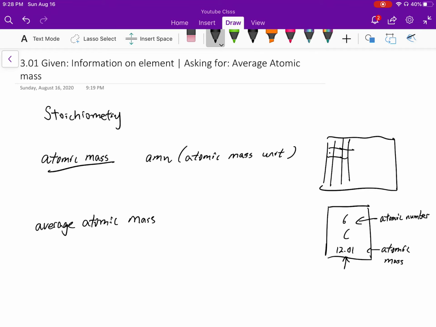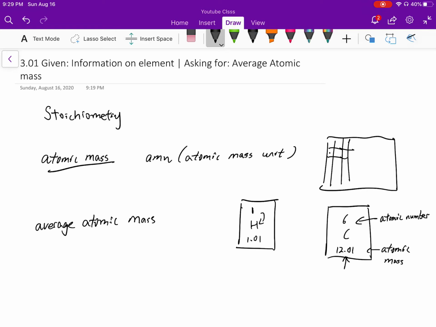Everything is relative. For example, for hydrogen, you're going to have one proton here. That's how the number of protons determines which element this is. And you have 1 point something, let's say 1.01. It is relative to an atomic mass unit, which has a definition that we don't really have to care about, but I'll let you know.